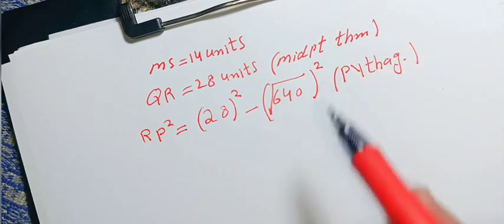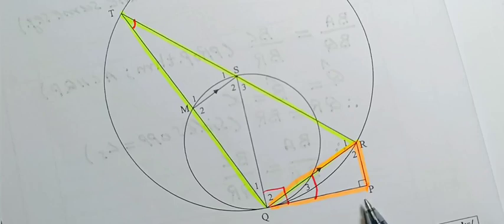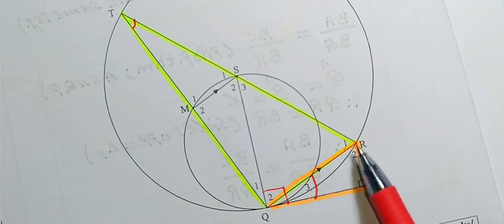We have QP, which is root 640, and QR, which is 28 units, and we need to find the RP. We apply the Pythagoras, this is 90 degrees.